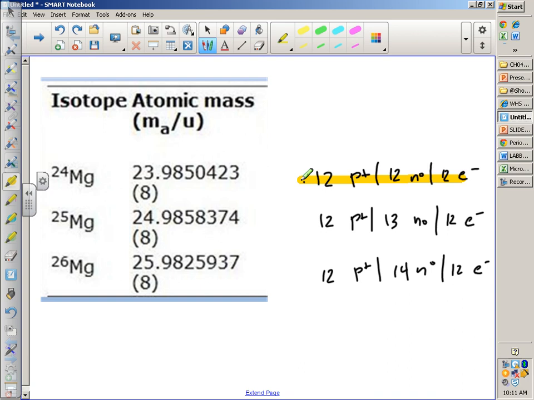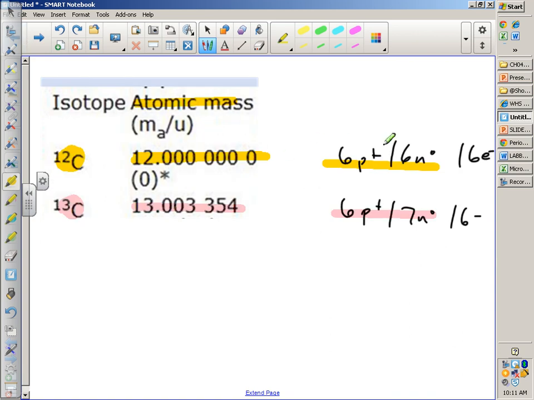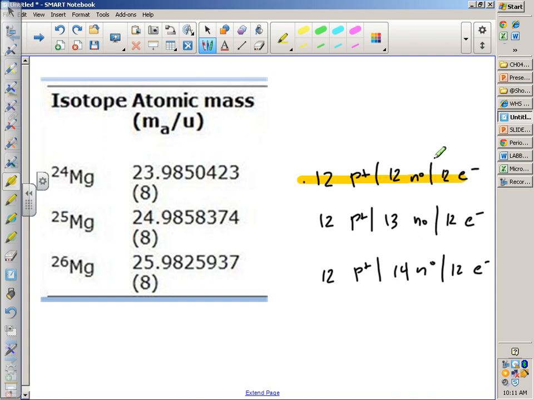Christine, how does that compare to the carbon-12 atom on the previous page? There's carbon-12, right? And then there's magnesium-24. How big is magnesium-24 compared to carbon-12? Well, it has twice the number of protons and twice the number of neutrons and twice the number of electrons, right?